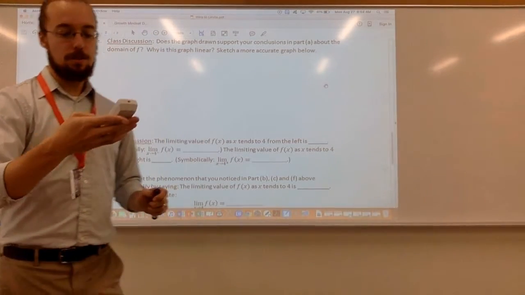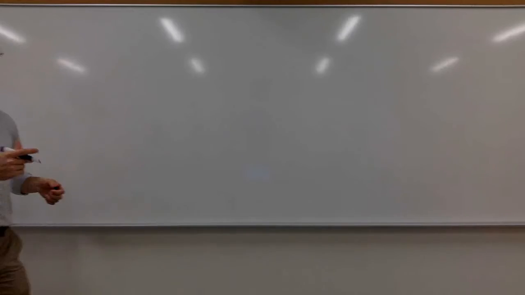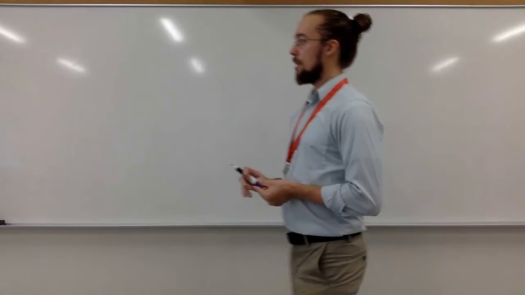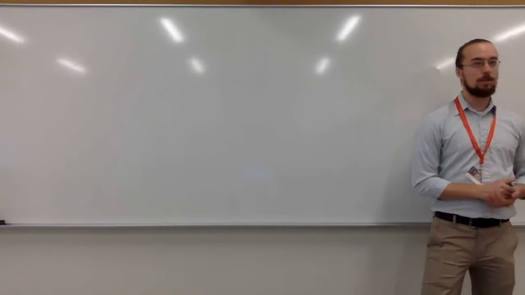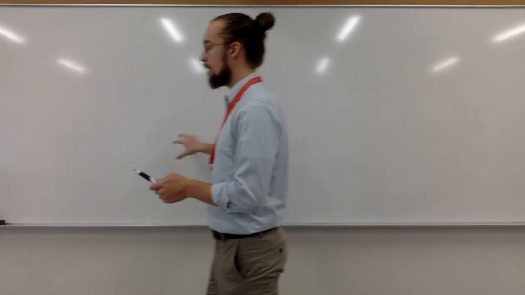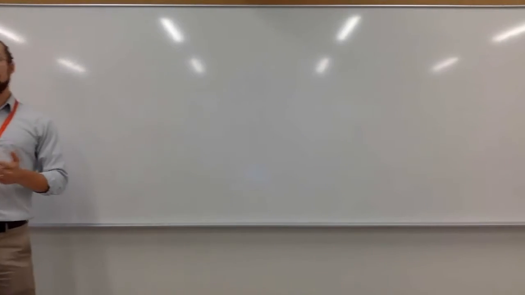Alright. Then today we're also going to take a look at limits algebraically. So creating a table like that does take a little bit of work. Sometimes it's going to be easier to figure these things out algebraically.